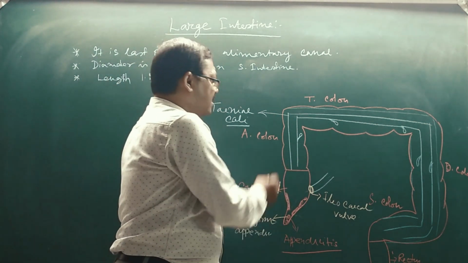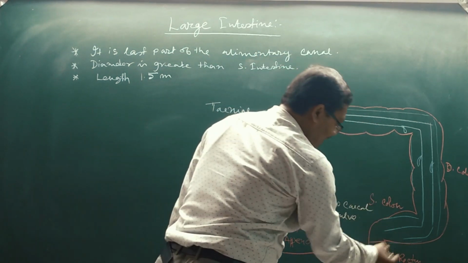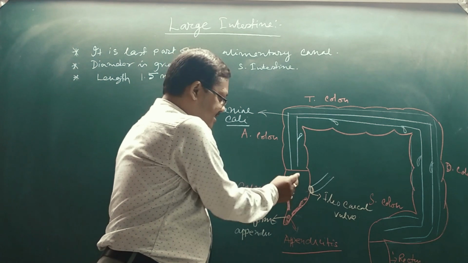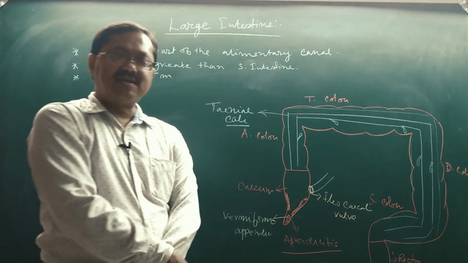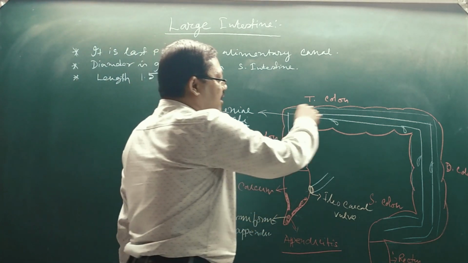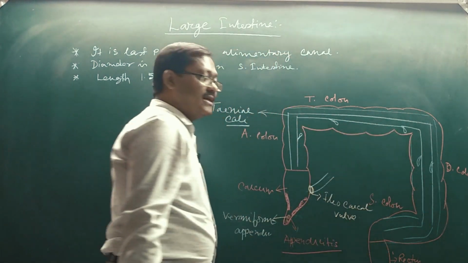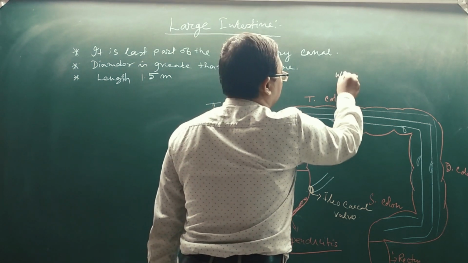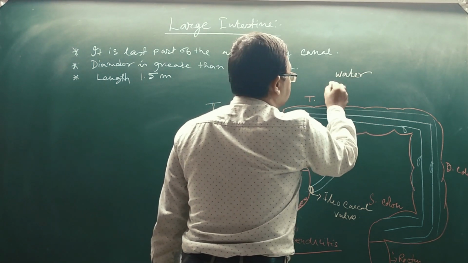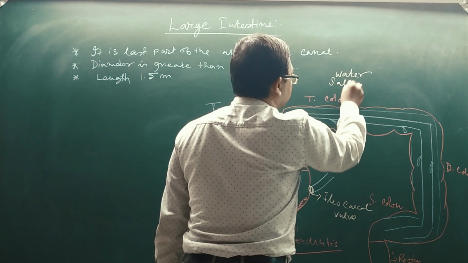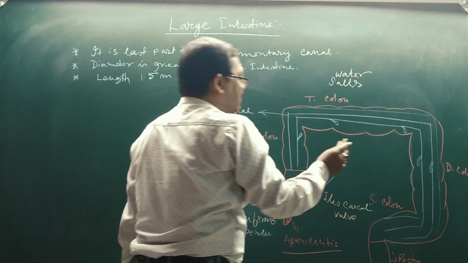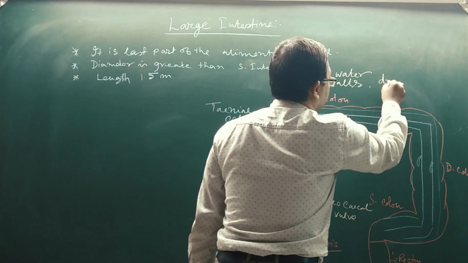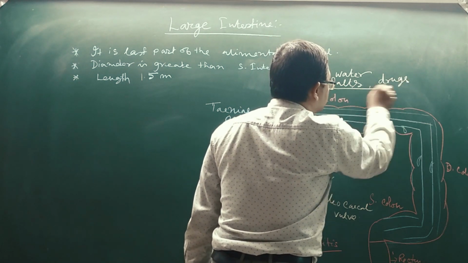This is the cecum, this is the colon, this is the rectum, and this is the anus. Here the cecum is the temporary storage of the undigested material. The colon is also a storage site, but here some amount of water, some salts, and some amounts of drugs are absorbed.